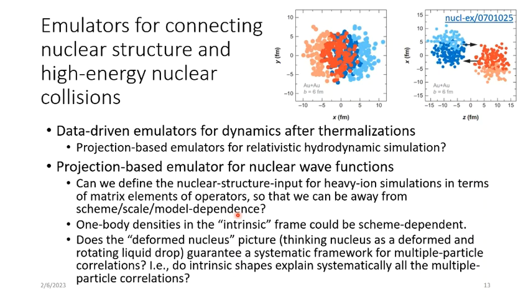There are rarely processes that people have studied that involve multiple nucleons. Two nucleons, yes, like neutrinoless double beta decay, that process involves two nucleons at one time. But many nucleons at one time, I don't see that.